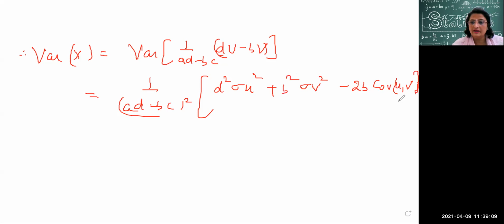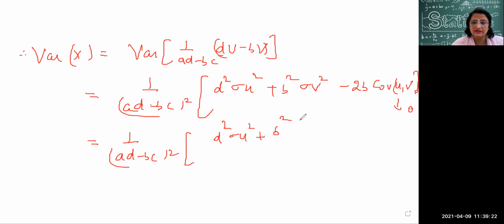Now we are given that the covariance between u and v is equal to 0. So therefore we are left with 1 upon (ad minus bc) whole square into (d square sigma u square plus b square sigma v square).